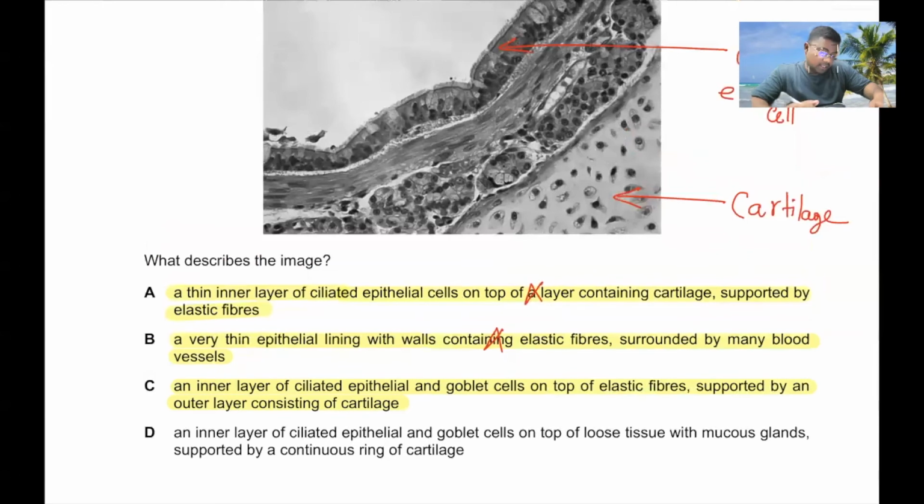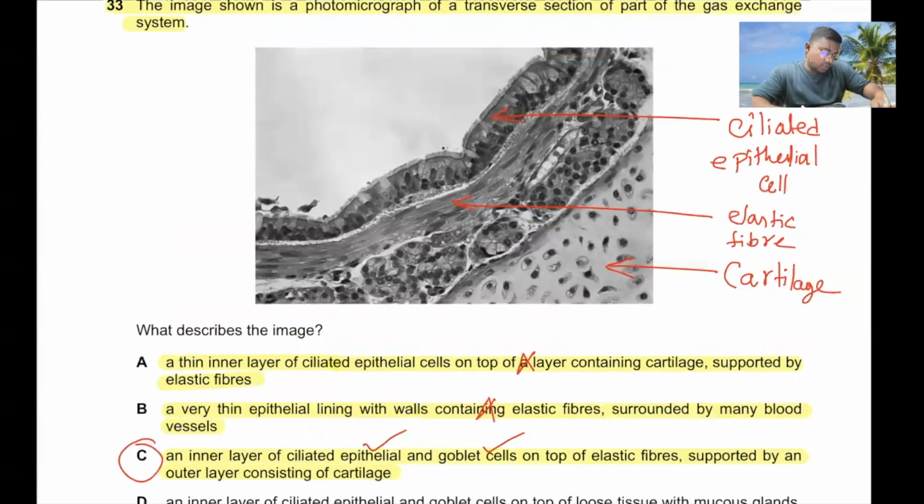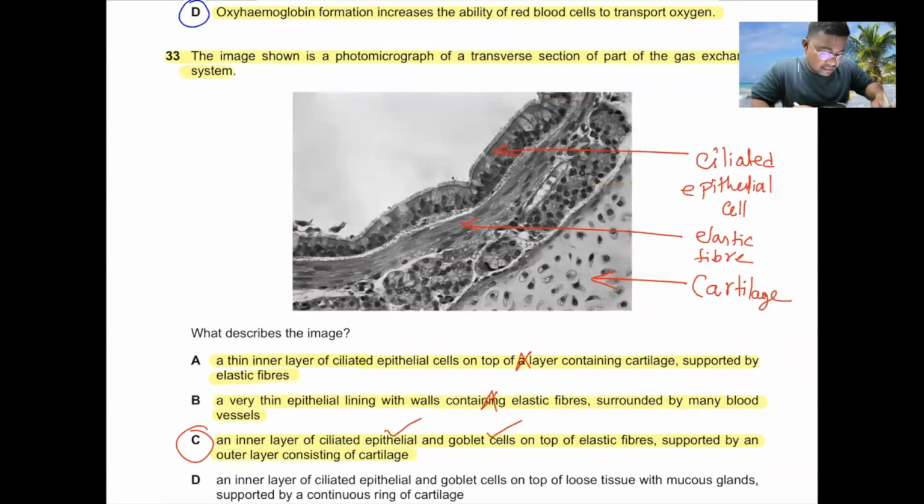Yes, we can see ciliated epithelial, we can see goblet cells on top of elastic fiber. This is the elastic fiber. We can see supported by an outer layer consisting of cartilage. We can see the cartilage. Question number 33, C is the correct answer.